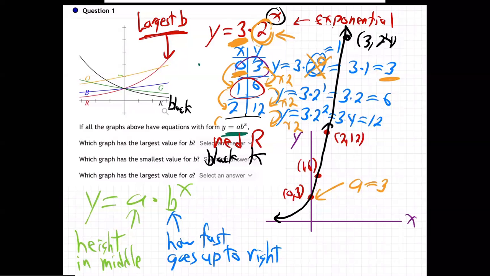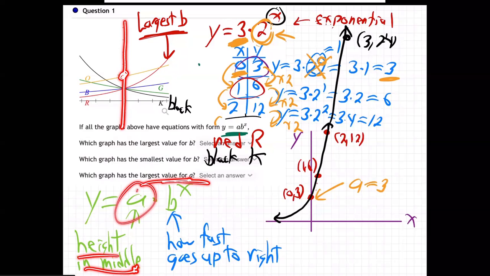Finally, which graph has the largest value for A? Now, what's A again? A is the height in the middle. So which graph is the highest in the middle? The yellow one right here, huh? Oh, orange, I guess it's orange.